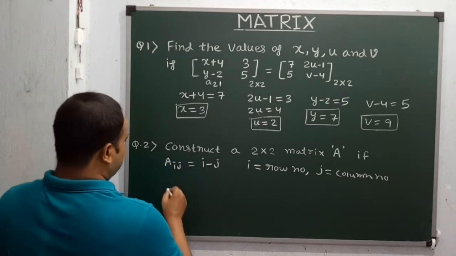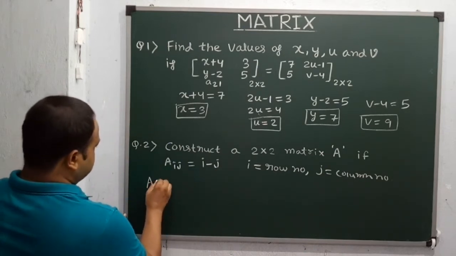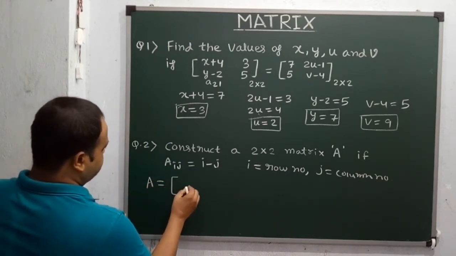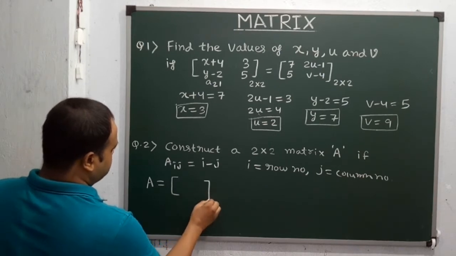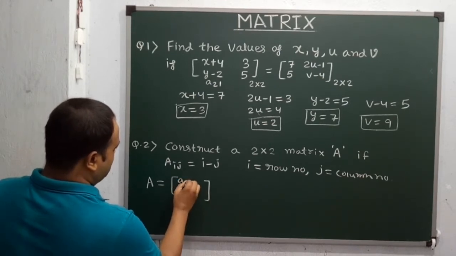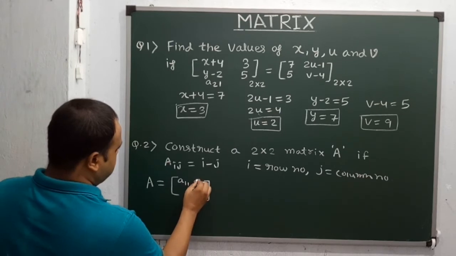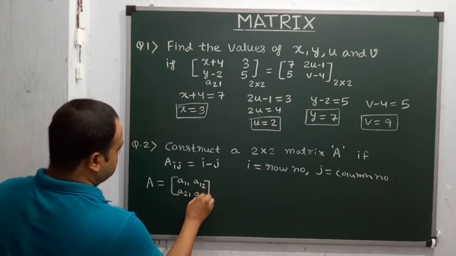If it is a 2 into 2 matrix, the rough diagram will be like this: A11, A12, A21, A22.